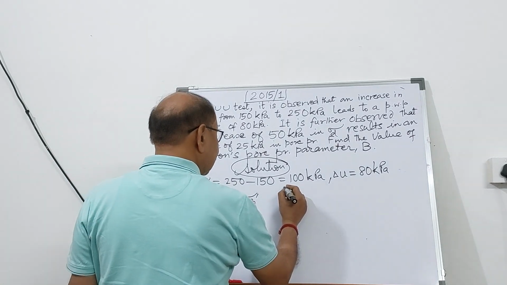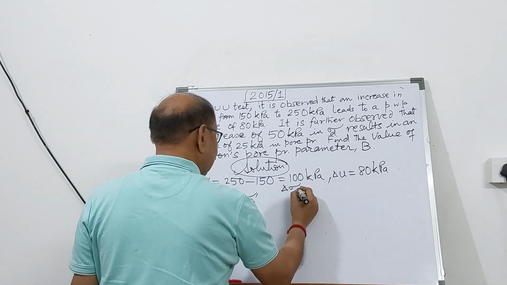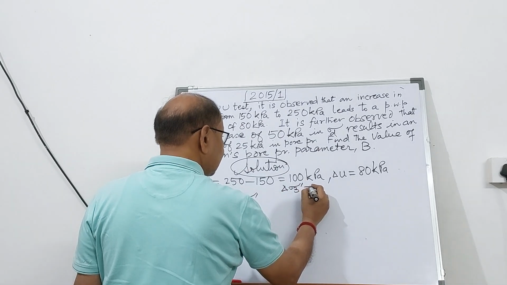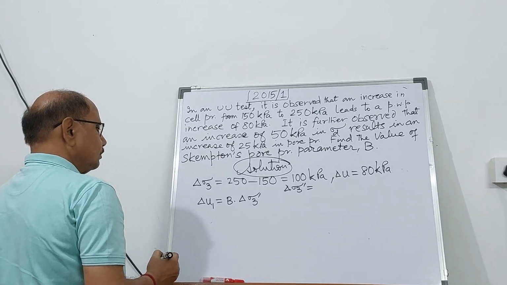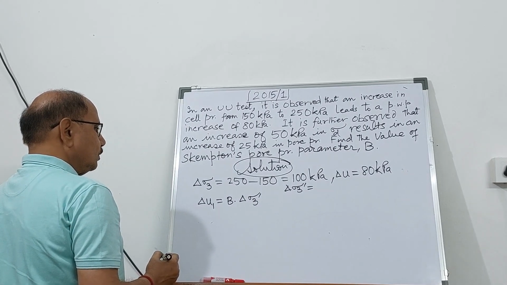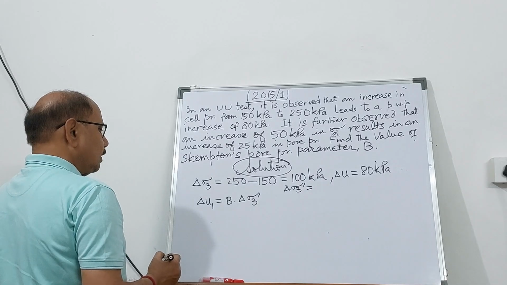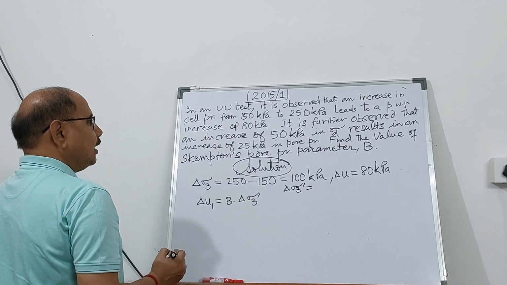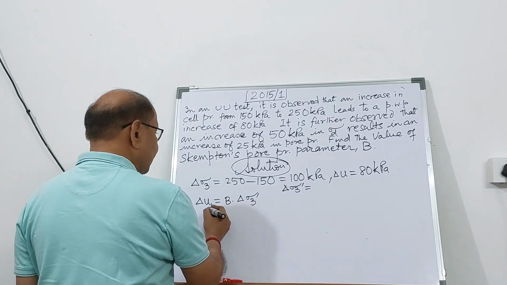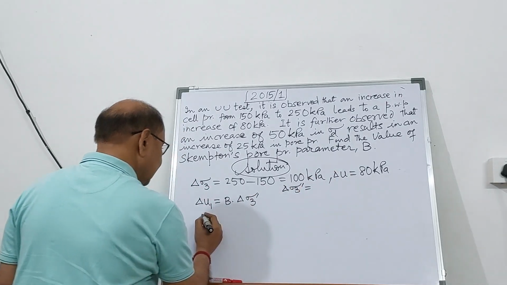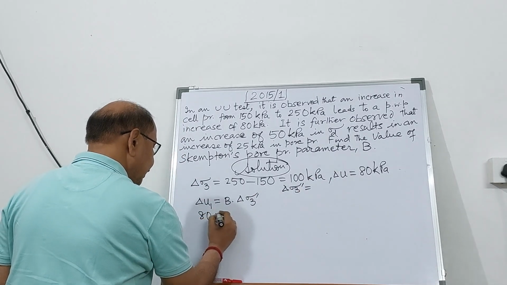So here delta sigma 3 is 100, and the pore water pressure increase is 80.